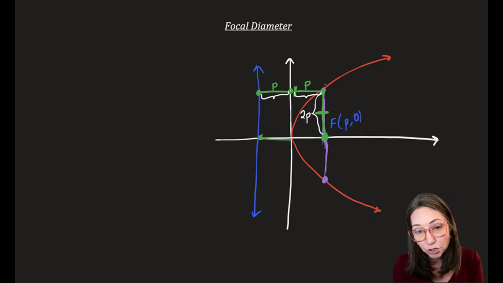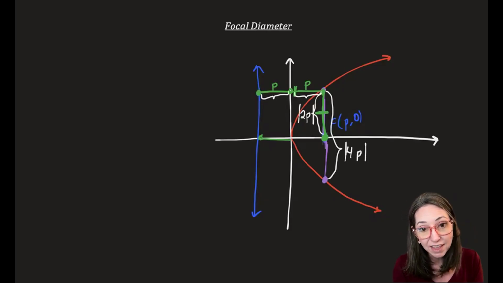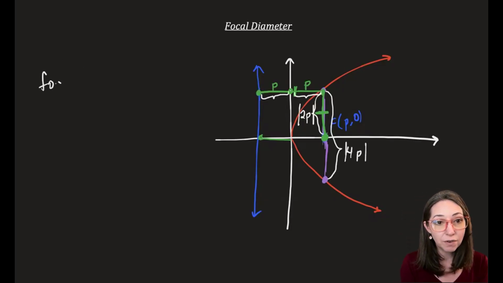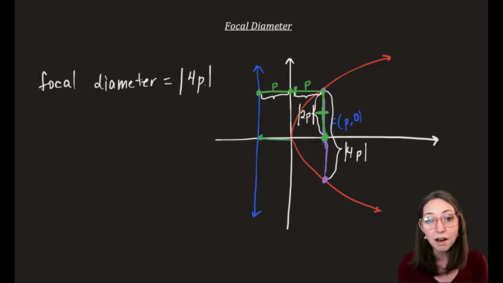And since it is symmetric about the origin, that total distance from there to there, which is your focal diameter, is 4p. Technically, p can be negative, so if we're talking about distances, we want the absolute value around all of those. So the focal diameter of a parabola is equal to the absolute value of 4p.